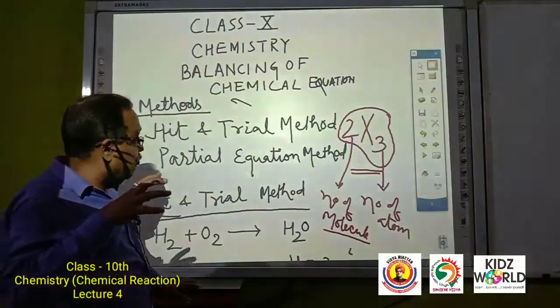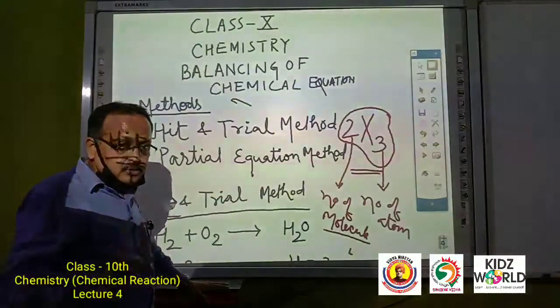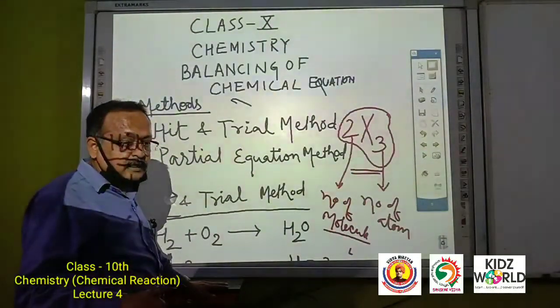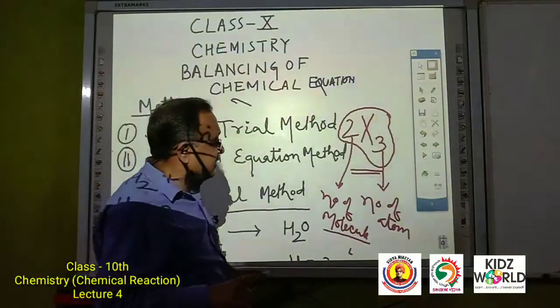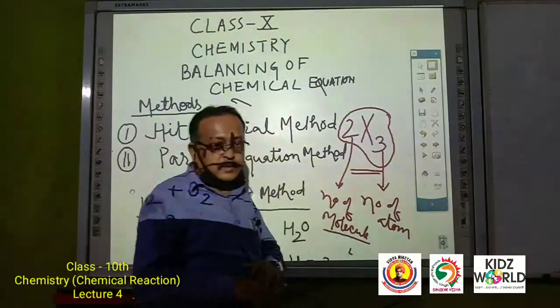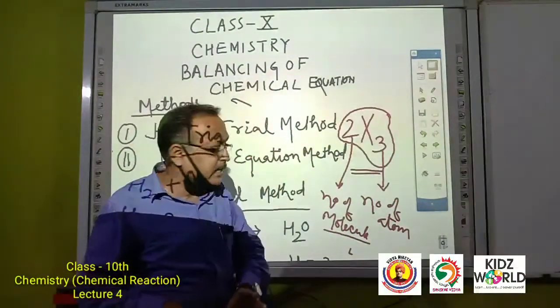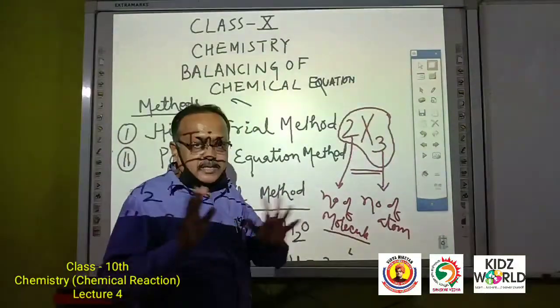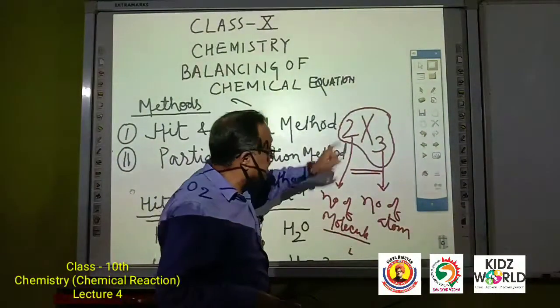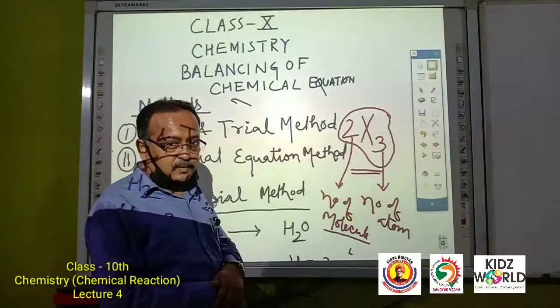So while you are using the hit and trial method, my dear students, remember one thing: you will not change any number in the place of atoms. You will leave the number at the atom's place as it is, you will not change it. Only the number of molecules will change.